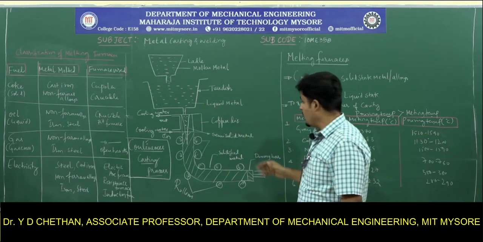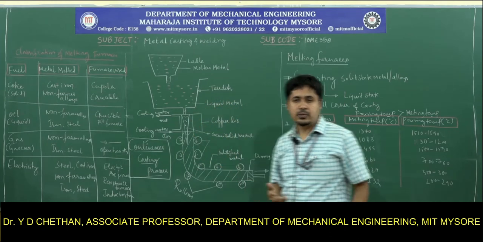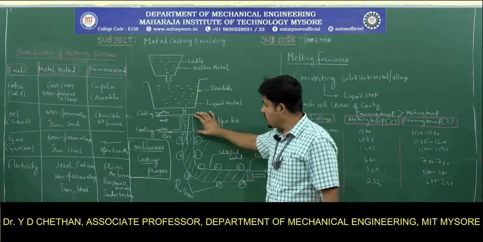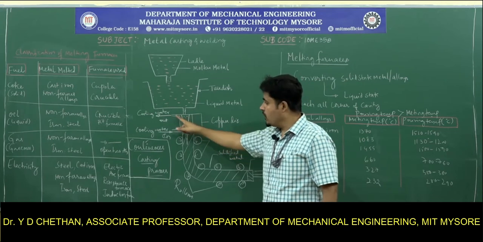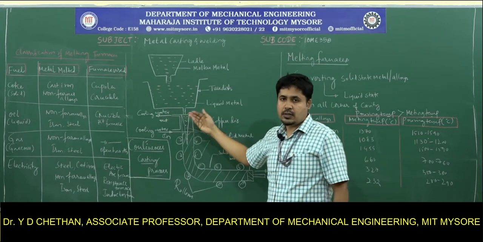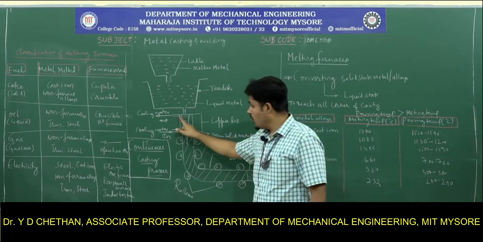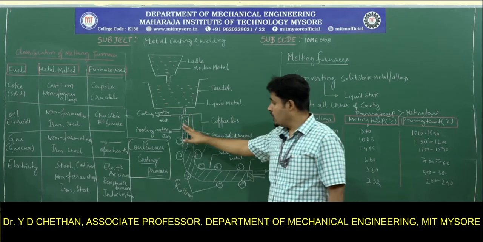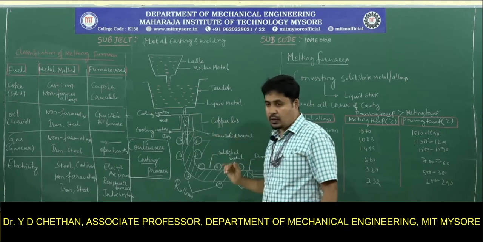Here the product experiences three different cooling zones. The first is where the hot metal comes in contact with the die. The die is fed with water, which is considered the primary cooling process, where the wall of the die comes in contact with the water and the hot metal is directly converted into a semi-solid state.